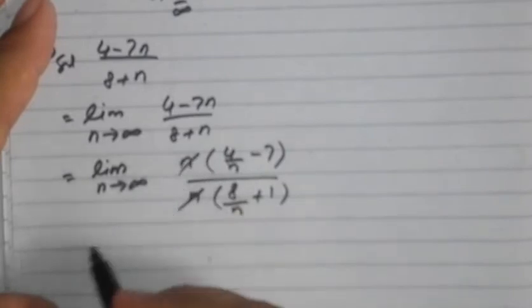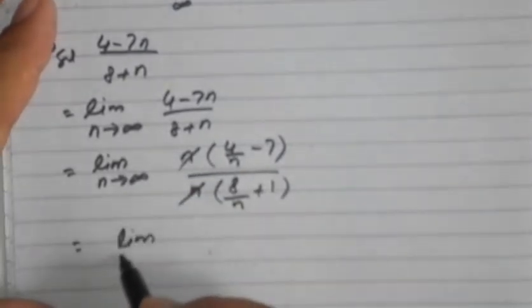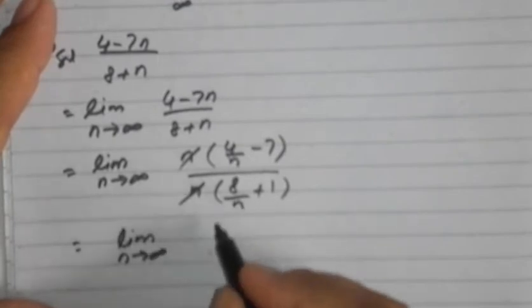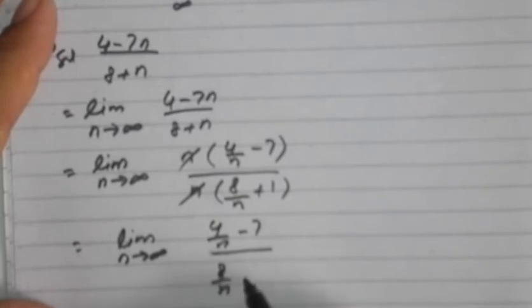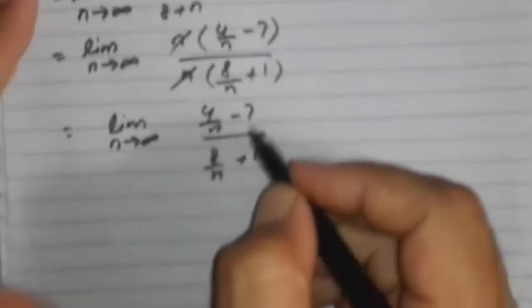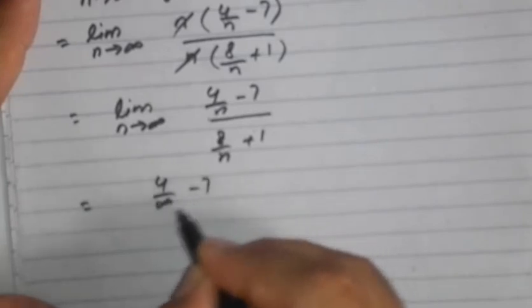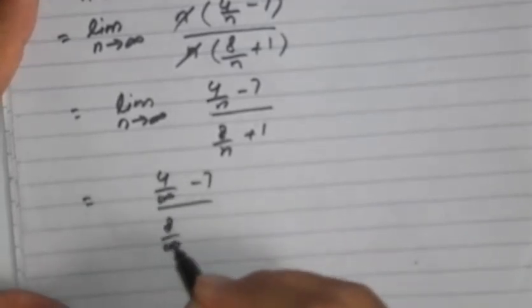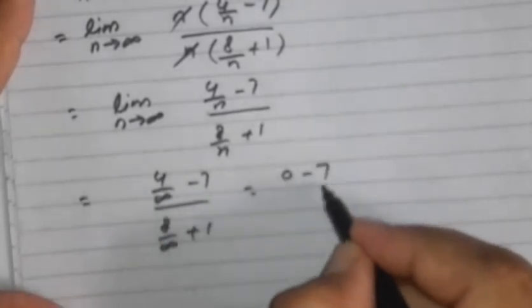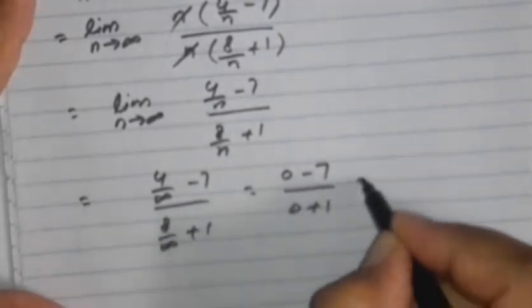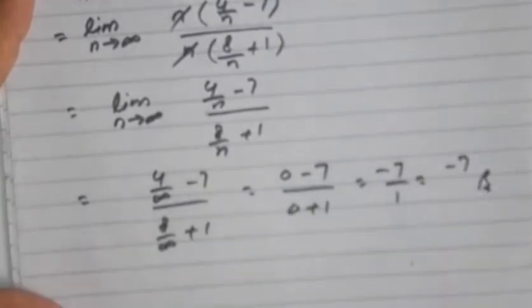This n will cancel with this n. We get limit n tends to infinity 4 by n minus 7 divided by 8 by n plus 1. Now put the limit: 4 by infinity minus 7, 8 by infinity plus 1. Something over infinity is 0, so minus 7 by 0 plus 1, minus 7 by 1, minus 7 is the answer.